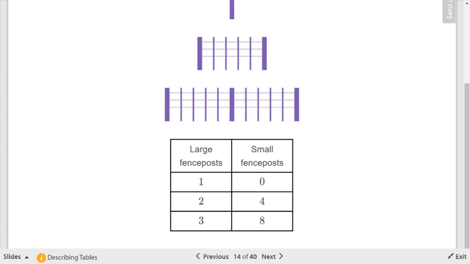Now we're going to start looking at how to describe the pattern, looking at the table, describing the pattern in words. We're always going to have some number that the pattern starts with, and then we talk about either increasing, which means what operation?